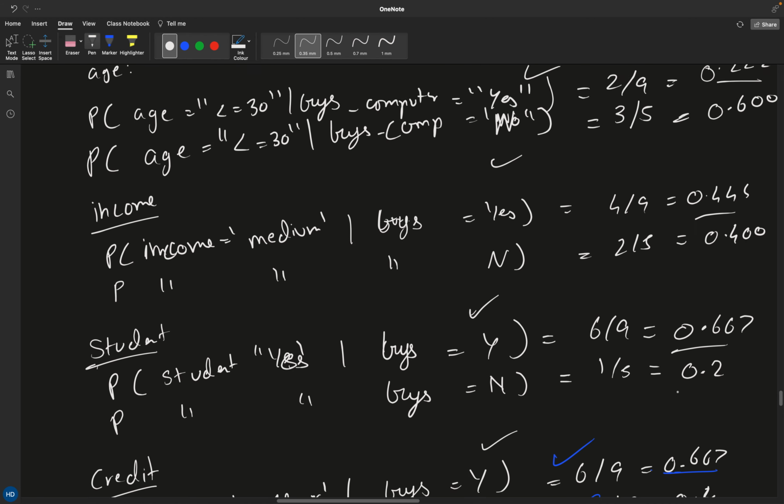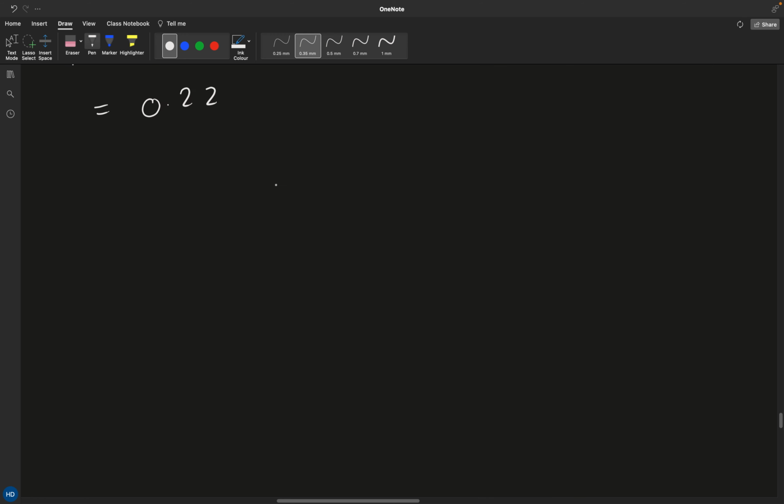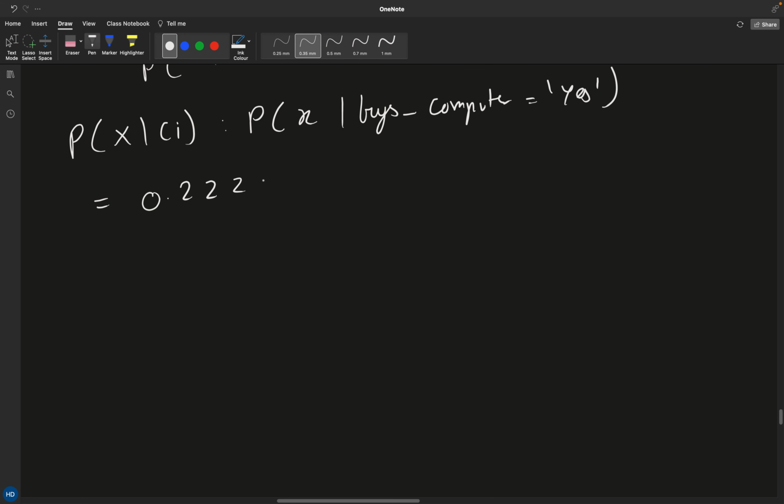This and this, you multiply them, which is basically 0.22 into 0.444 into 0.667 into 0.667, which gives you 0.0438, round it off 0.44.